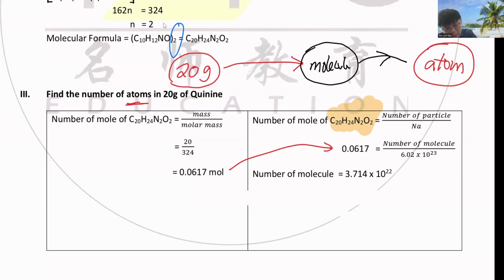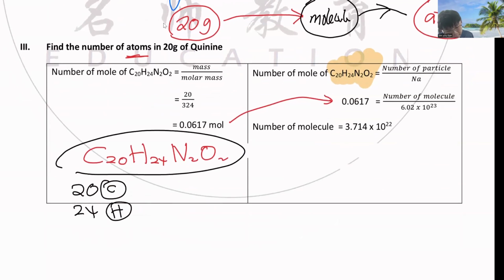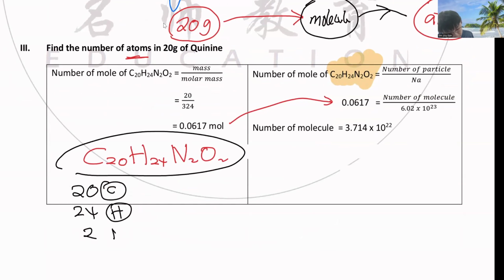Okay, then how about the atom to molecule? Very simple one. So you can see, in this one, how many atoms do I have? I got 20 carbon, 24 hydrogen, then I have two nitrogen atoms and two oxygen atoms.